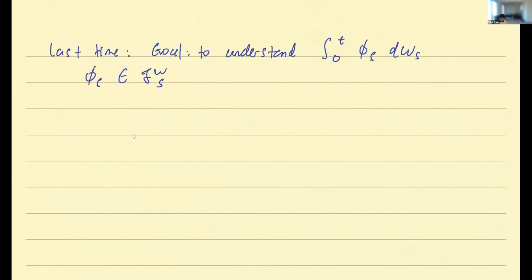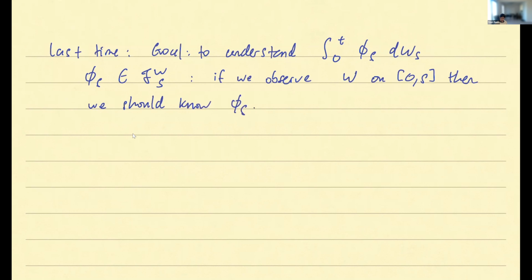Roughly speaking, all it means is this: if we observe W on the time interval 0 to S, then we should know it. Basically, what this means is you cannot peek ahead.